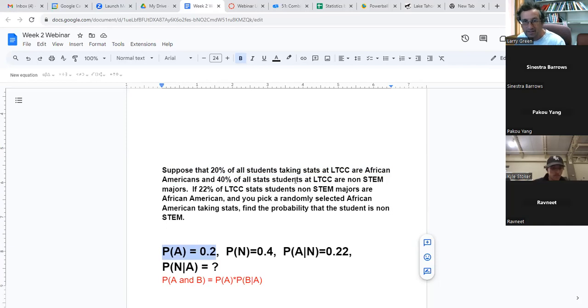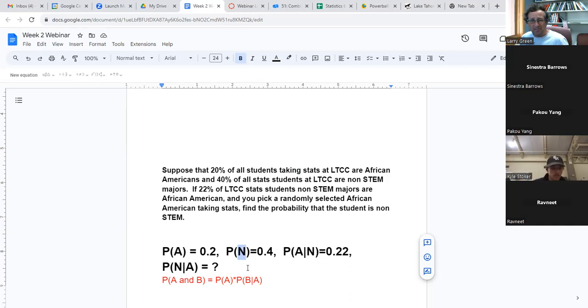All right, next. And 40% of all stats students at LTCC are non-STEM majors. So that's a probability. P, and I'm going to use N to represent non-STEM. I tend to like to use the first letter of the big thing to put into those parentheses. You could use a word if you want, just less writing to use the first letter.